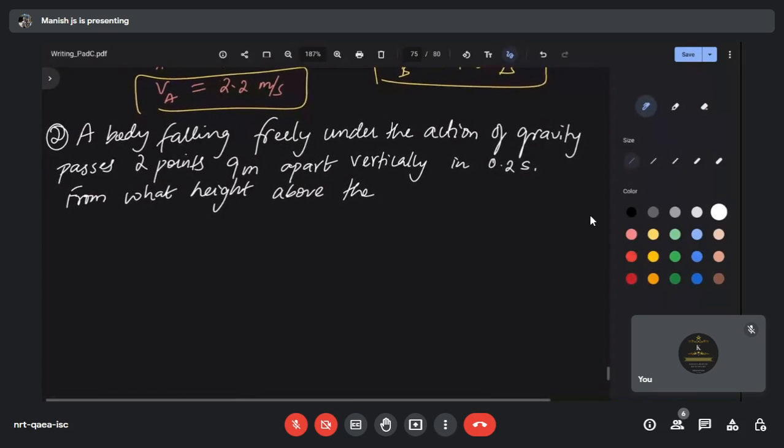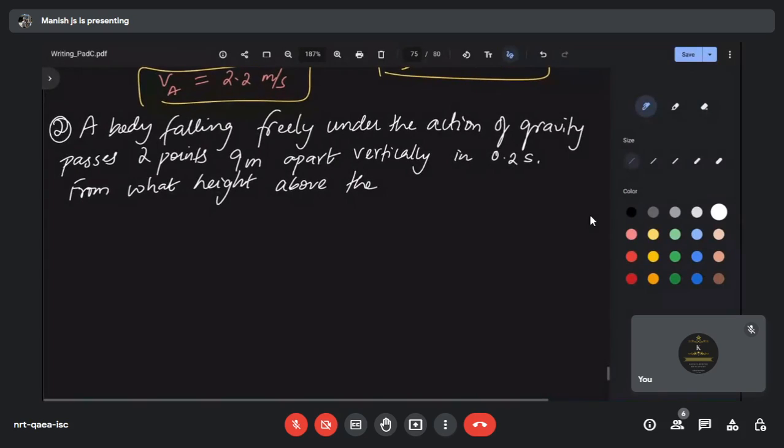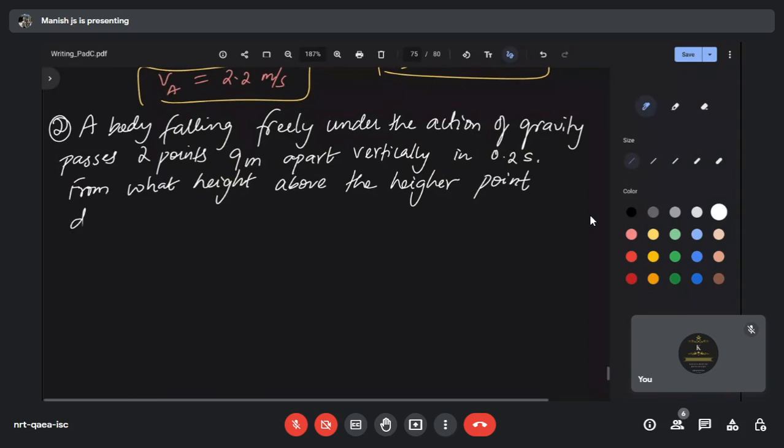From what height above the higher point did it start to fall, or did it begin to fall?